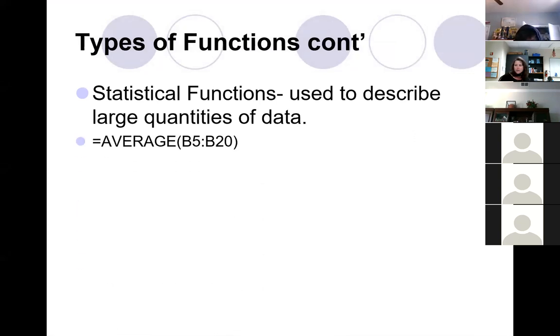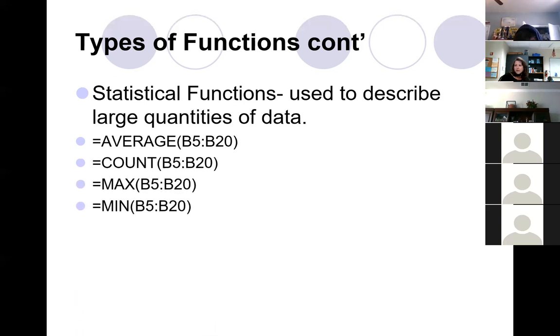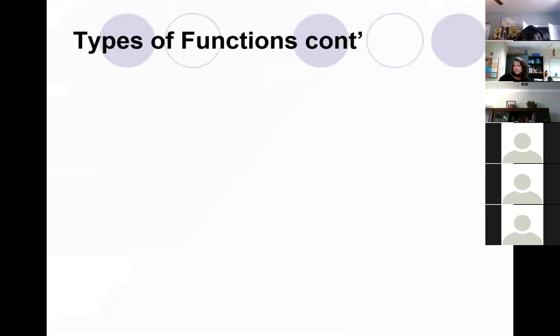Statistical functions, these are the ones that we see with average, count, max, min, because it's a very simple function, but it can be done with a lot of information, right? With thousands and thousands of rows if we needed to. Standard deviation and variance, we'll get into those a little bit later in more detail. I'll come back to those, kind of what they mean.